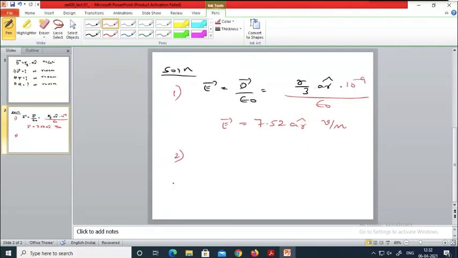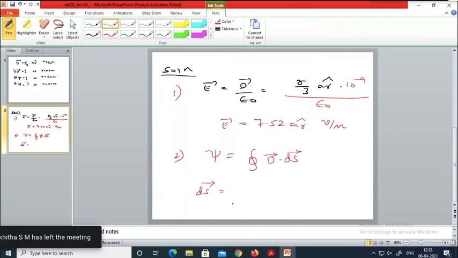Second solution, are you able to follow? Next solution, I want to find psi, that is equal to closed loop integral D vector into dS vector. D vector is given. You are required to find dS vector. dS vector is the surface area of the sphere.